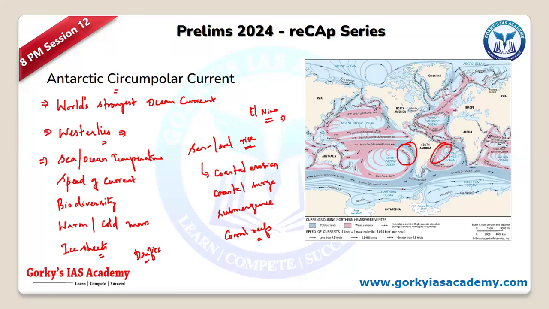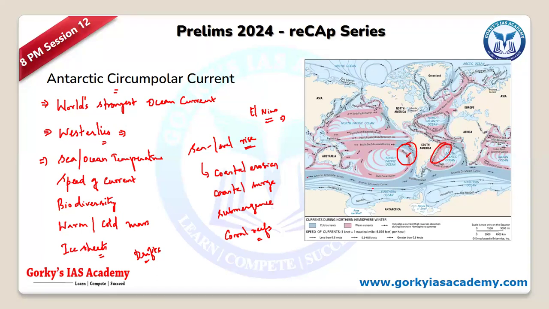If the Antarctic circumpolar current changes, there will be a large temperature change in the Peruvian as well as the Brazilian current. Clear? So naturally there will be a significant impact on El Nino or La Nina, because the surface temperature may be affected.